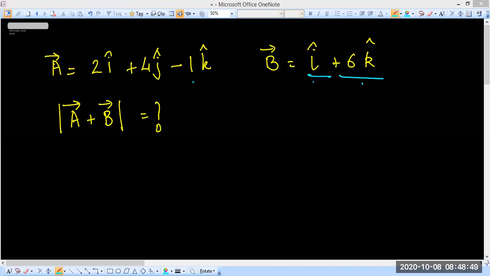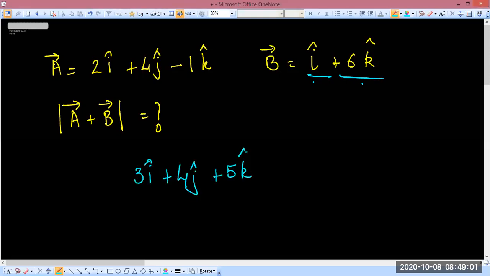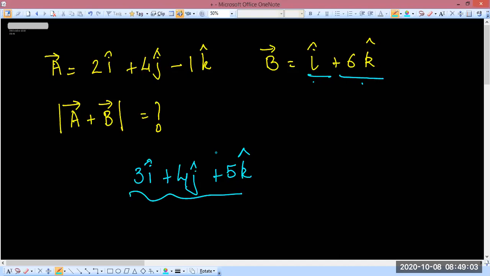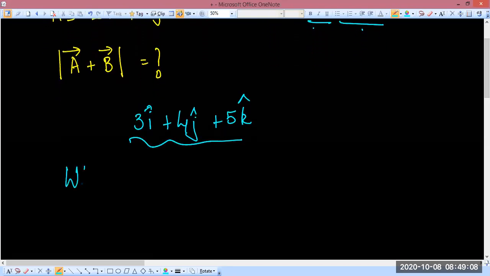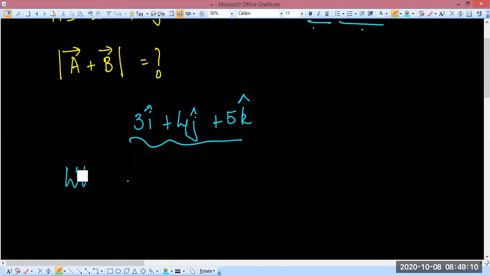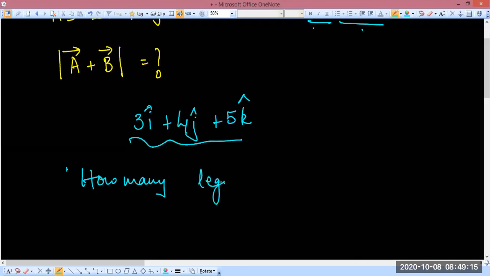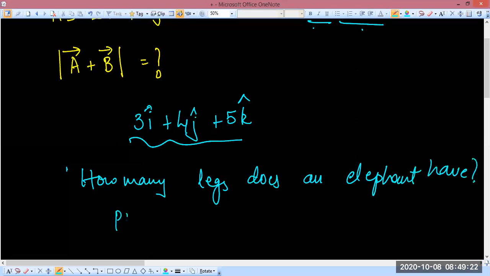Okay, I think I've given enough time for this one. First of all, people, those who are giving this as the answer, I have to tell you, please read the question carefully. This cannot be the answer. It's like I'm asking you how many legs does an elephant have, and you say pink.